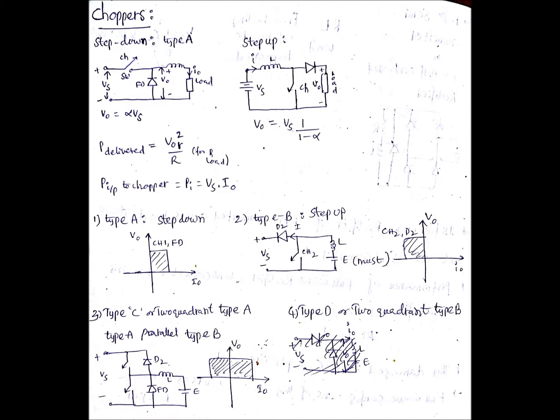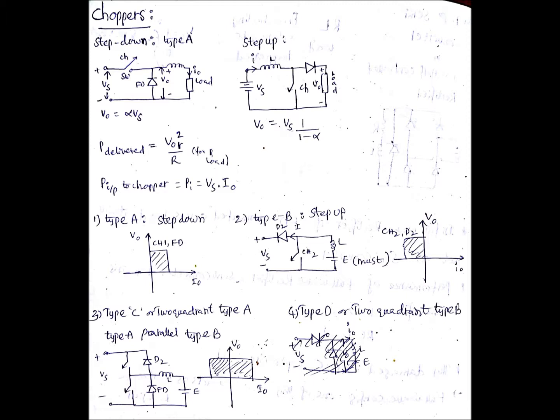Then the power input to the chopper will be equal to Vs into I naught. Vs is the source voltage, that is DC, and I naught is the average output current.